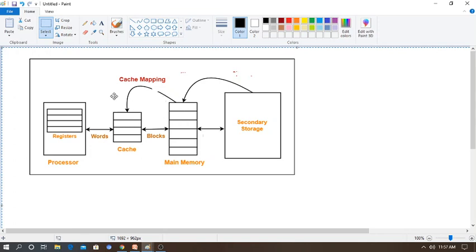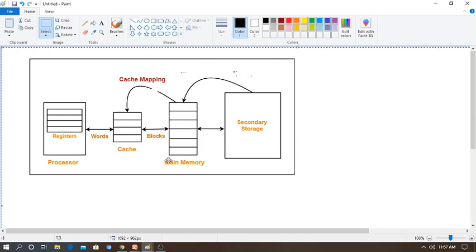Now another simple definition for cache mapping. It is a technique by which contents of the main memory are brought to the cache memory. Whenever the search operation fails, a cache miss occurs, then it will go to the main memory. If it is not there either, it goes to the secondary storage.